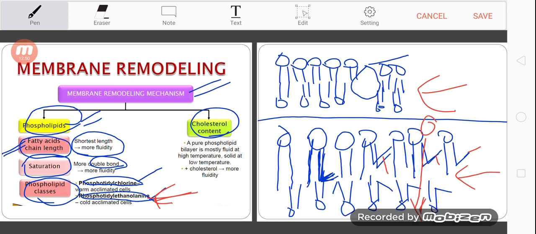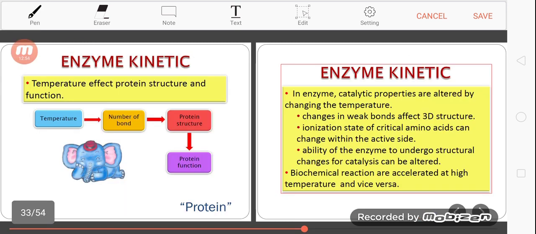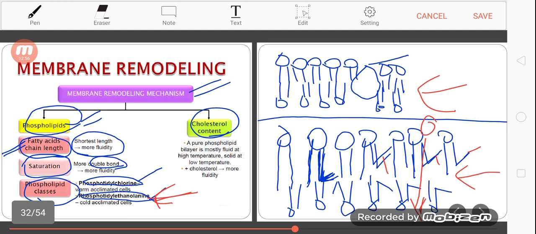That is basically what happens in the membrane remodeling approach.